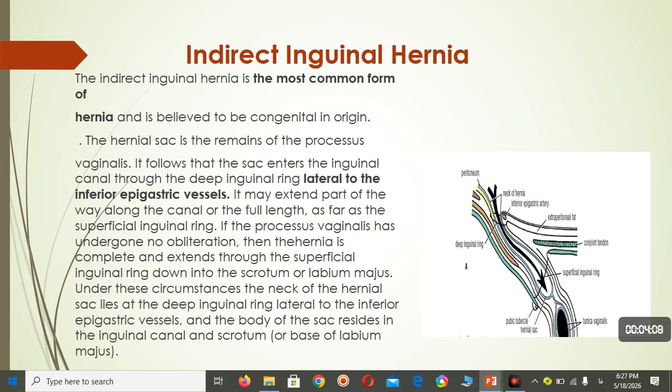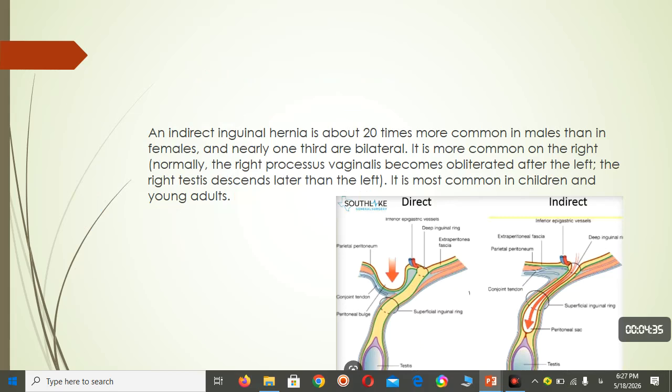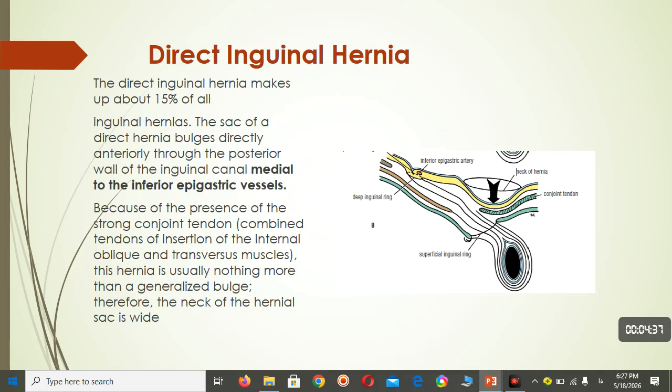But among these hernias, the inguinal hernia is much more common than the others. We have inguinal hernia in two kinds. One is indirect inguinal hernia, another is direct inguinal hernia. This is direct inguinal hernia.